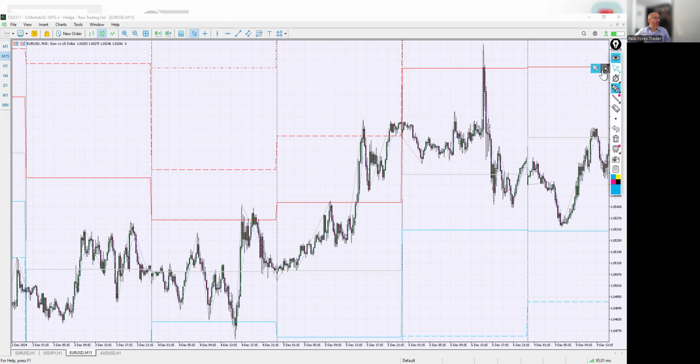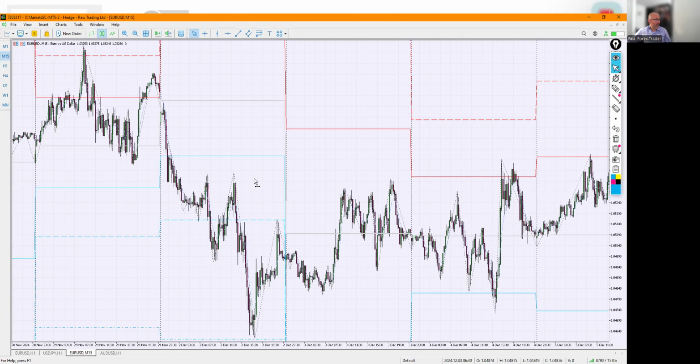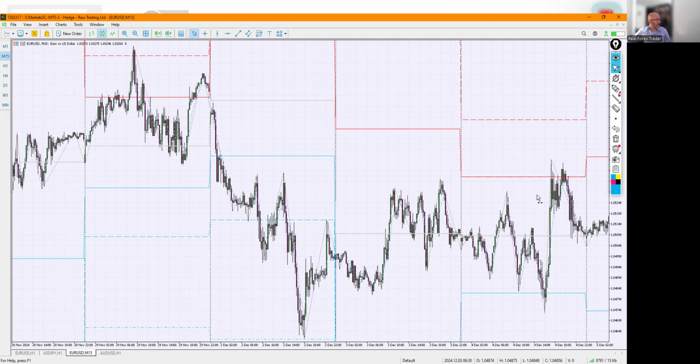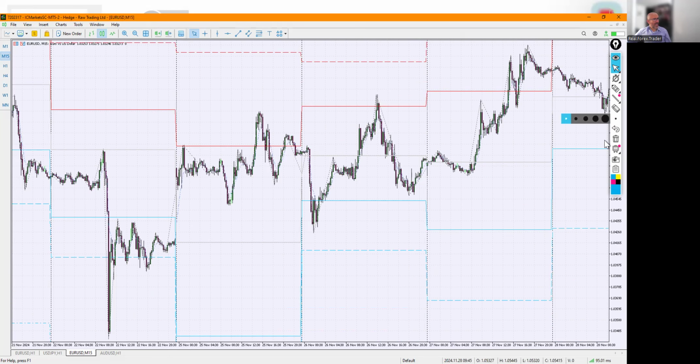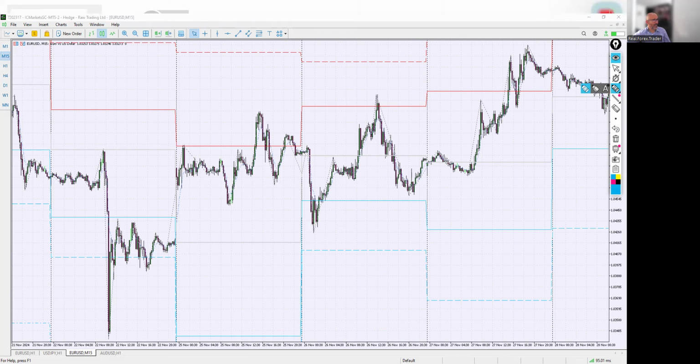Now, what is the other scenario? The other scenario is when you observe the chart and it is not clear for you to determine the direction, right? So this is the example here. So you observe that, okay, higher high, but oh my God, this is lower, this is higher, here.